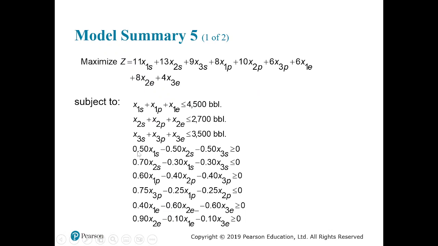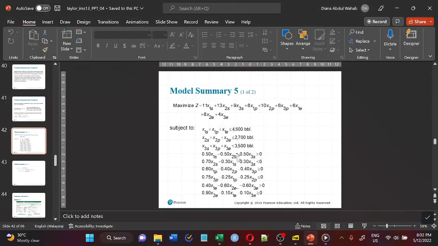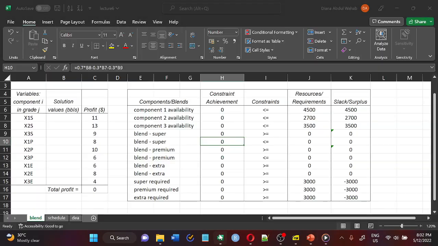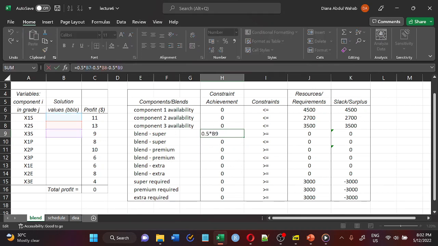So you have 0.5 x1s minus 0.5 x2s minus 0.5 x3s. Try to remember this, and we go to our Excel. So it's this one: 0.5 x1s minus 0.5 x2s minus 0.5 x3s.